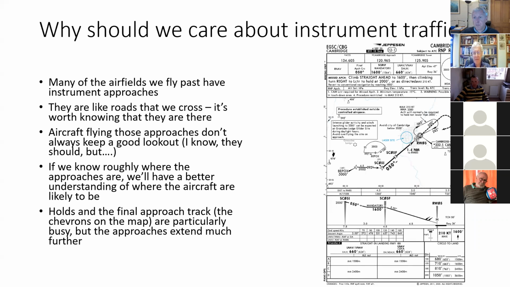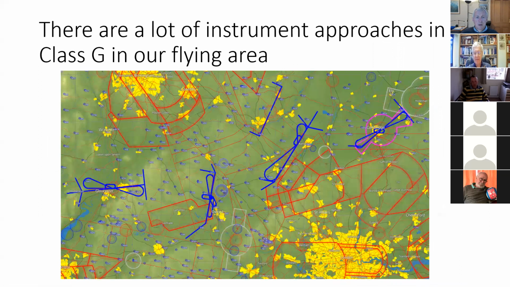And if you look at a 500,000 map, you'll find on the holds and the final approach track, you'll see the chevrons on the map. But the approaches are much more extensive than that. We're going to have a look at that in a moment. So this is a picture of the airspace to the west of Cambridge, of us here.